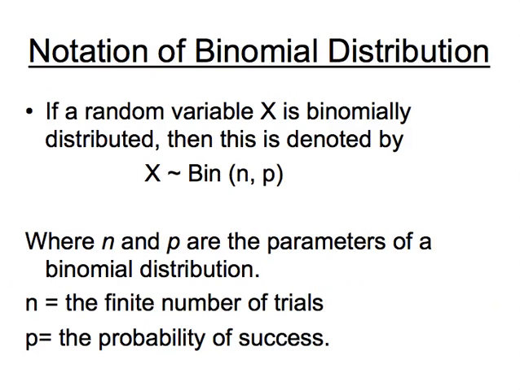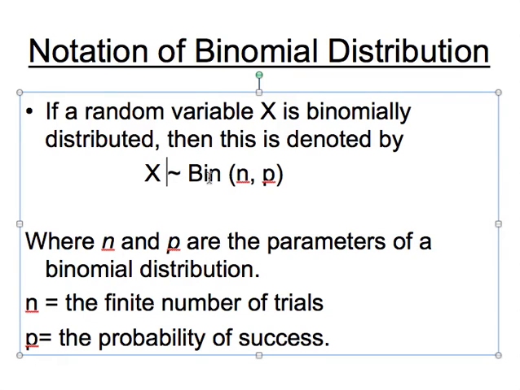Now, if our random variable is binomially distributed, we normally denote it as x, with this little symbol to indicate x is binomially distributed, BIN for short. And in brackets, we have the parameters of the binomial distribution, and these are n and p.